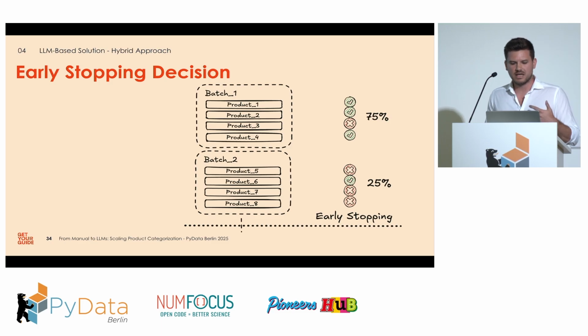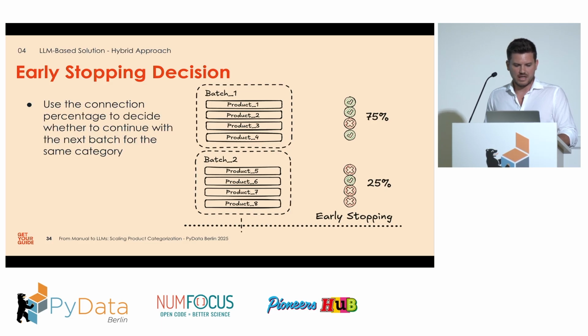So every time we got an answer from the batch job, we would check the percentage of connections with the category, and then use a custom threshold: if the percentage is lower than this threshold, just stop and don't process the rest. This was quite helpful for us, because it helped us not process too many products for some niche category where there could be, I don't know, just 100 products.